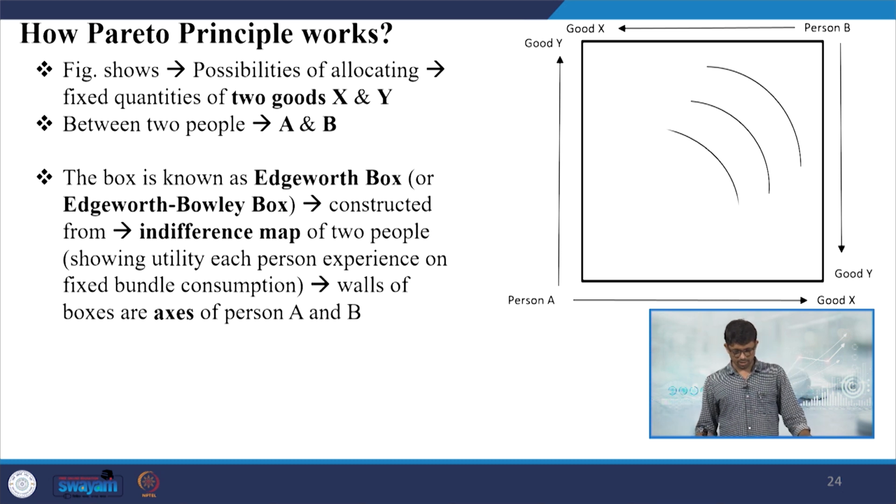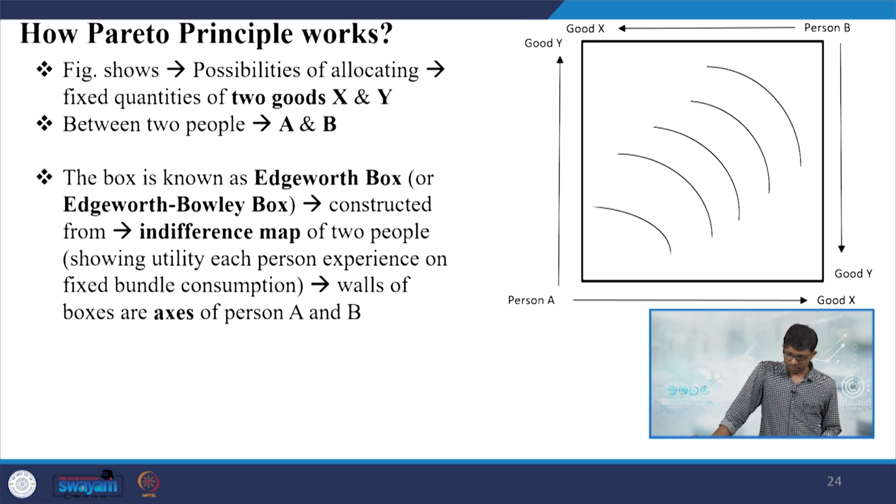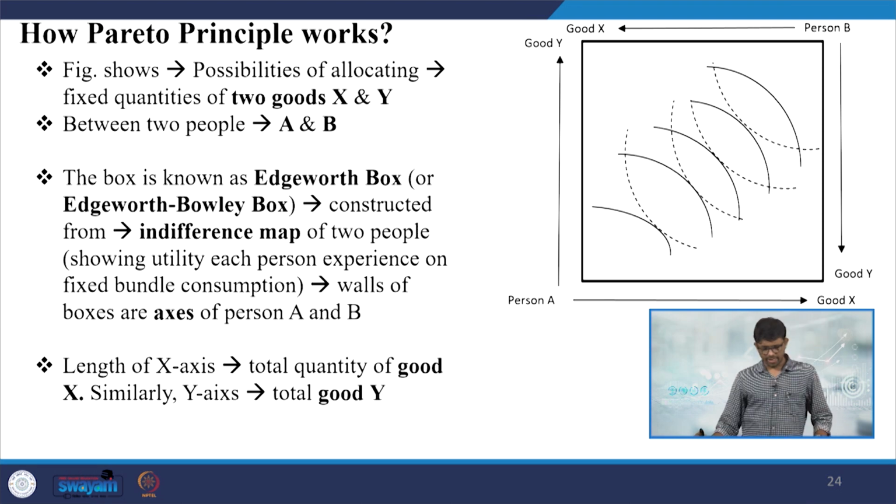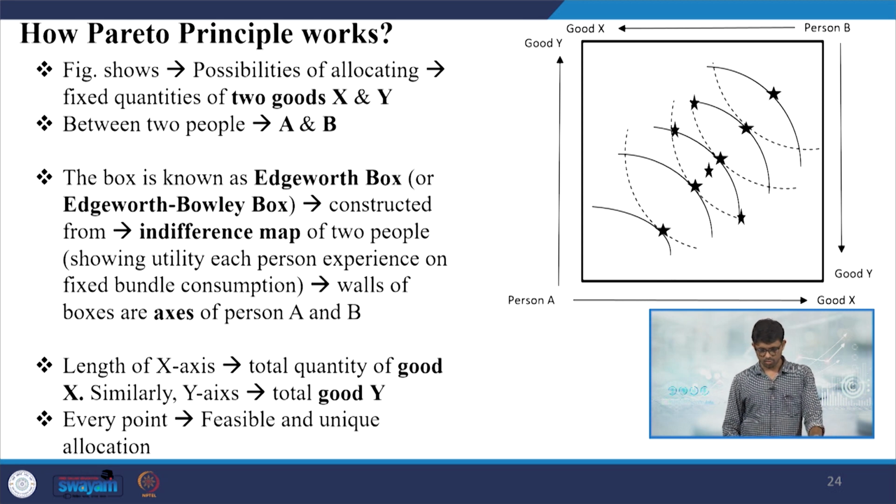Now, this is the indifference curve of person B, and in reverse the other indifference curves are plotted. So, this is also called the Edgeworth-Bowley box, mapping each individual's preference function, and the length of the x axis explains the quantity of good X, and the y axis the quantity of good Y.